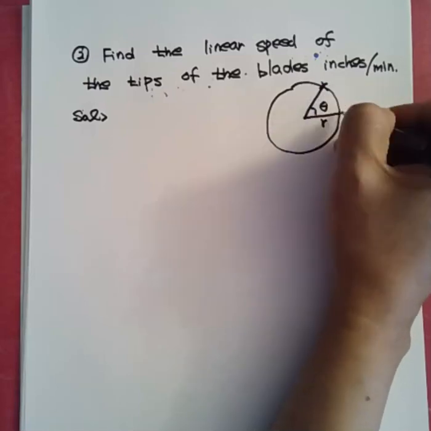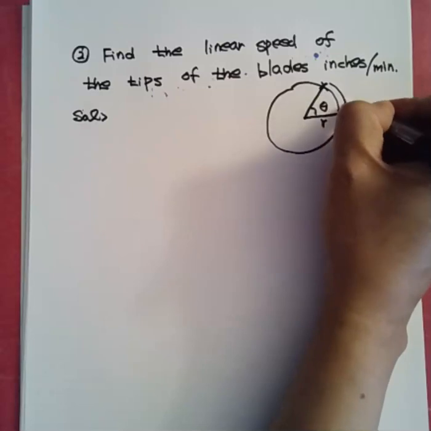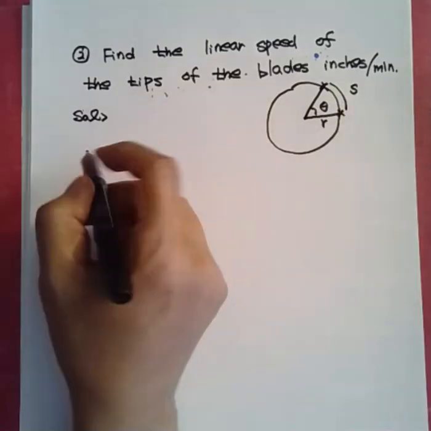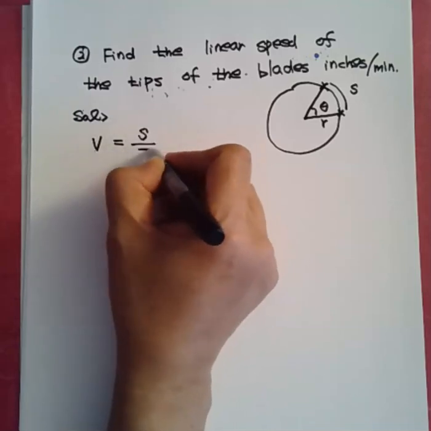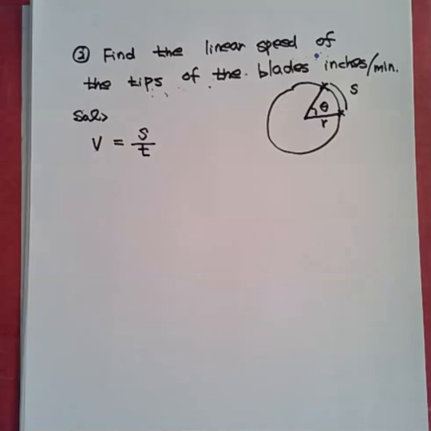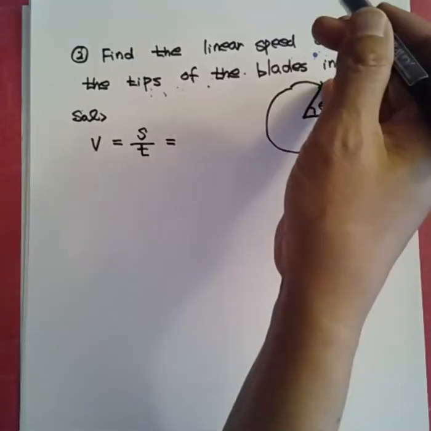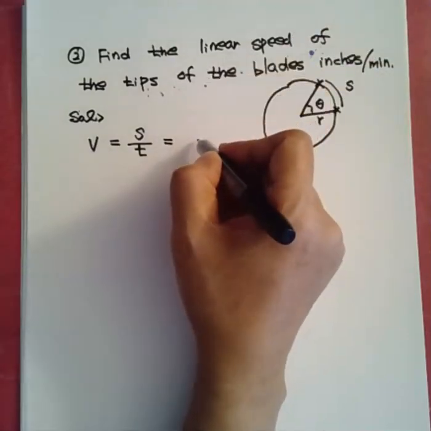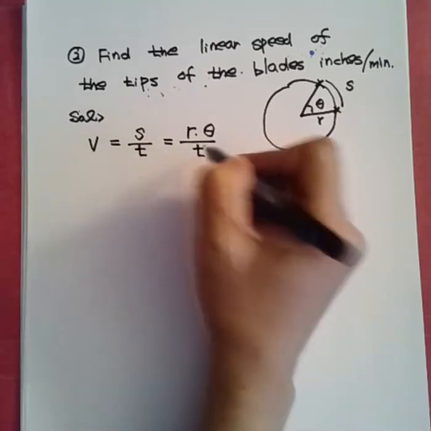We are thinking about the distance between this one and this one, and based on that, we have to think about the linear speed. So this is s, right? Linear speed v equals distance it moved divided by the time. That s is the arc length because the particle is moving along the circle. So that can be calculated as r times theta over t.